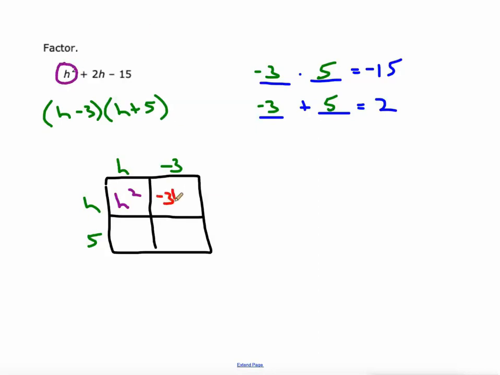Negative 3h would be h times negative 3, and 5h would be h times 5. Those add up to 2h. And also, negative 3 times 5 is negative 15. So that works.